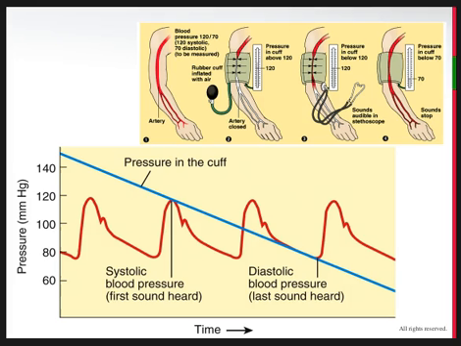But let's actually take a look at something here. I believe we're going to do this in lab, but you've got blood pressure at about 120 over 70. You're going to put on that cuff, the cuff being part of the sphygmomanometer. You're going to raise the pressure in the cuff above 120 millimeters of mercury.